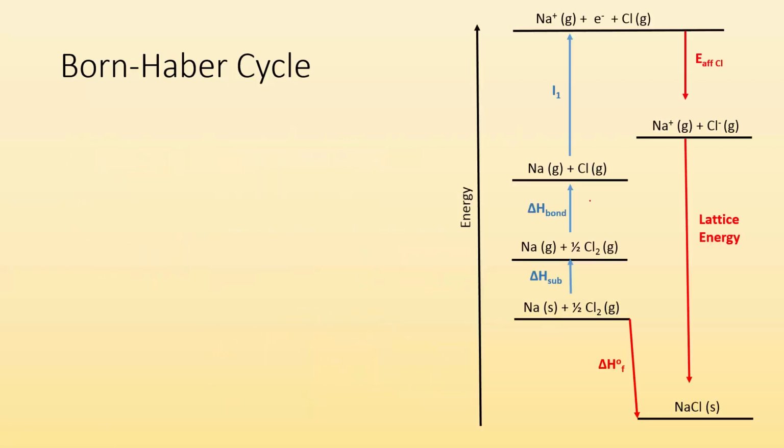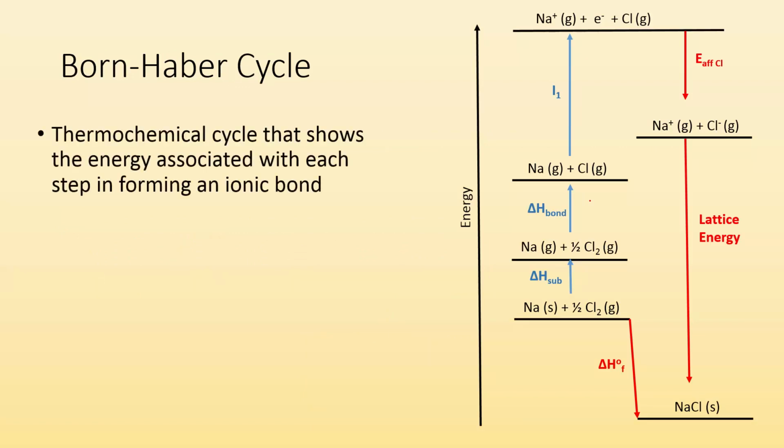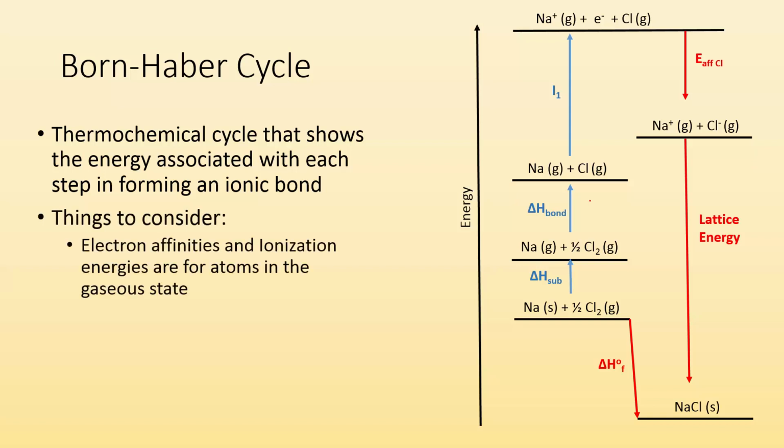All right, the Born-Haber cycle is a way to express all of the energy that's going on with all these steps. So it's a thermochemical cycle that shows the energy associated with each step in forming an ionic bond. Things to consider. We mentioned electron affinities and ionization energies, but those values are for atoms in the gaseous state. So whenever we want to start with Na and half a Cl2 and make NaCl, we have to make sure that everything's in the gaseous state if we want to use the electron affinities and the ionization energies.